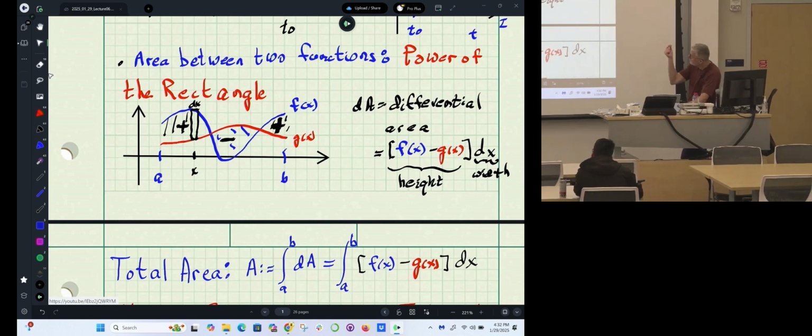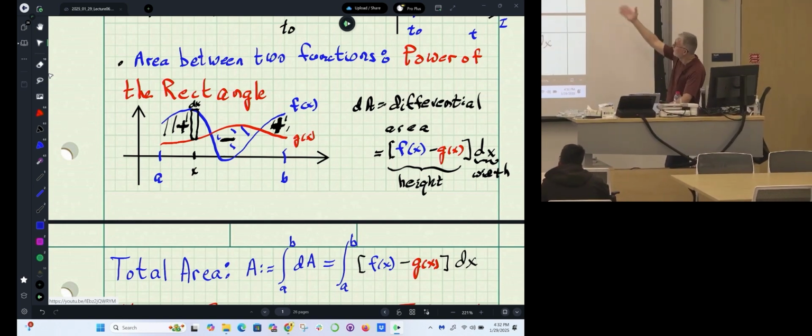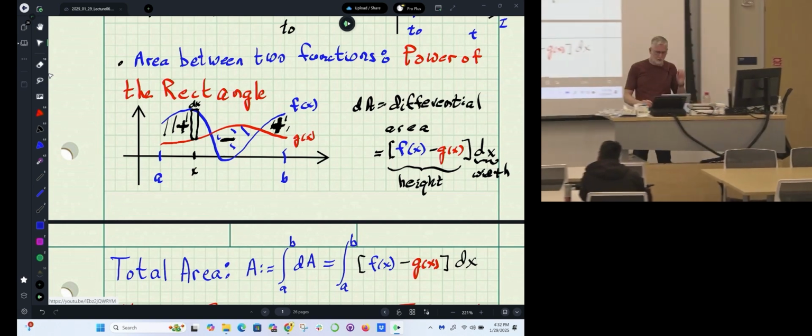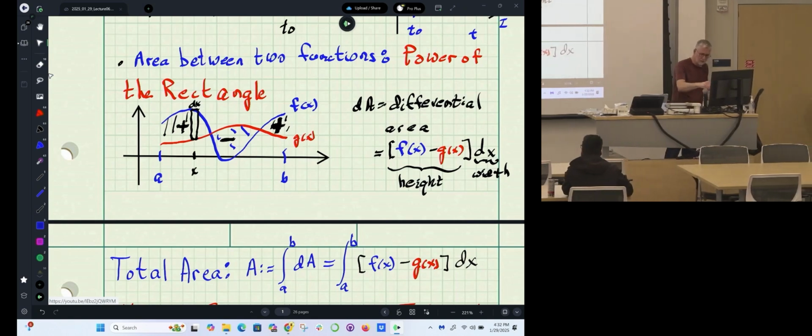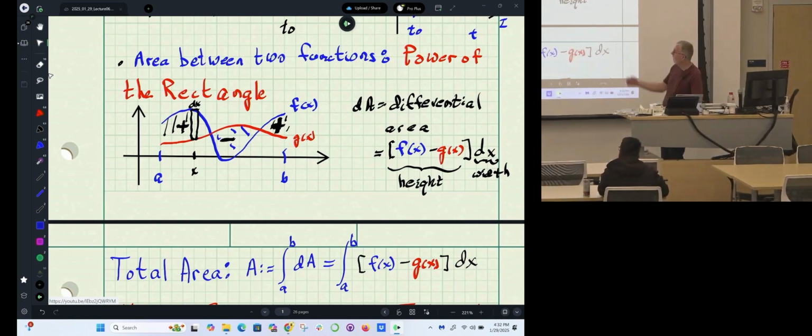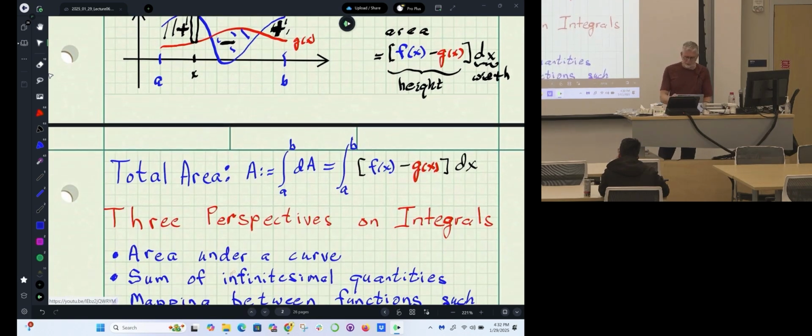And you take it infinitesimally thin, and this application was very easy, but we see that if we think of area as height times width, and the width of the rectangle is delta x being infinitesimally small, the height of the rectangle we're defining to be the difference between f and g, and so we get the total area by summing up the differential areas. So it really almost looks exactly the way we would be doing a Riemann sum.